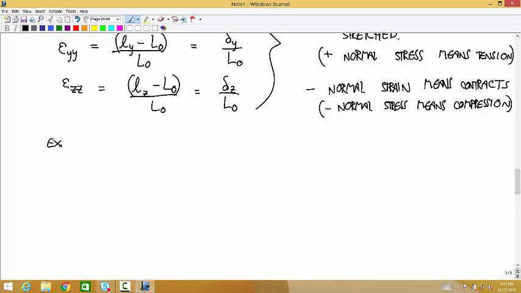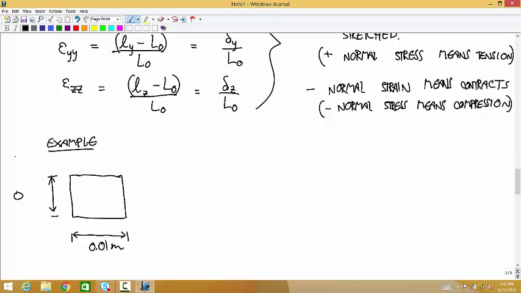All right, so if you have a material that starts out with a length of 0.01 meters and a height of 0.008 meters, and you're using a coordinate system like this.